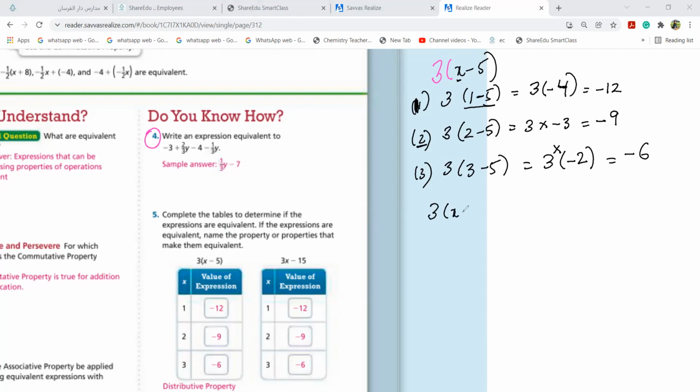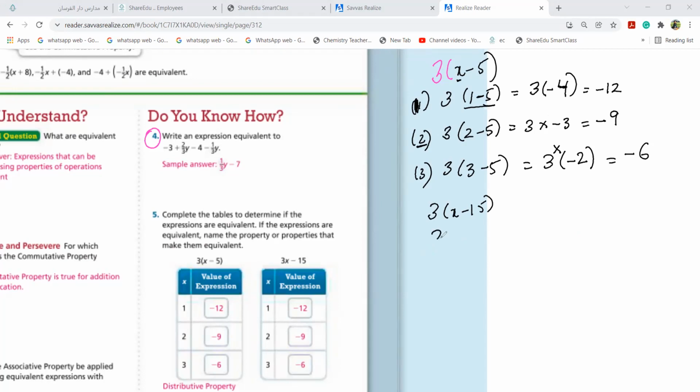Now 3x minus 15. 1 minus 15, that is... You can do that. 3 times negative 14. See, now next you have 3x minus 15.